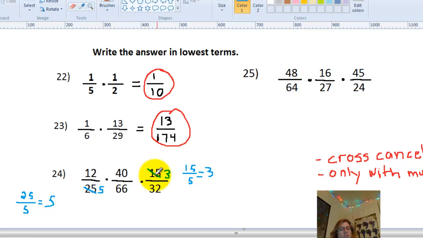Okay, so now you can continue to look for other things. 5 and 40 are also divisible. But I want to use a larger number. I see that 8 times 5 is 40, 8 times 4 is 32. So I'm going to cancel on the 40 and the 32. So I'll divide this one by 8 to get 5. I'll divide this one by 8 to get 4.